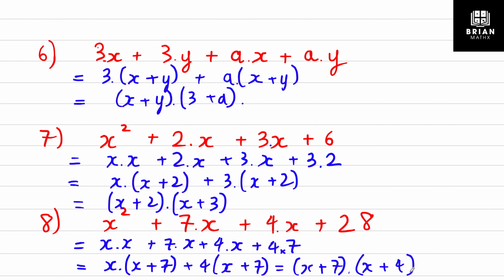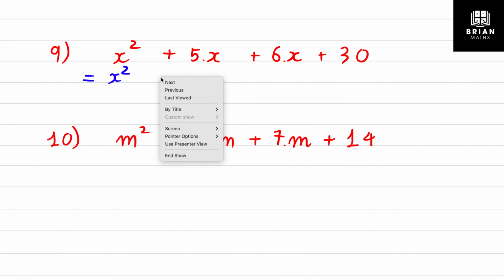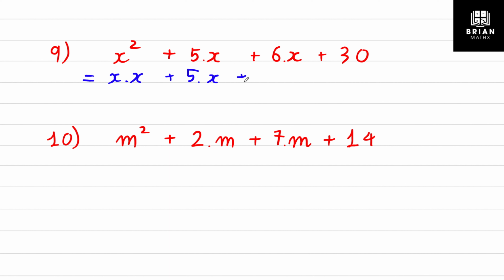Okay, example 8 done. We've got 2 examples left, 9 and 10. How can you do this? I think I want to do it in a similar way. X squared means x multiply x, sorry. Here you've got x multiply x, 5 multiply x, 6 multiply x, and 30.